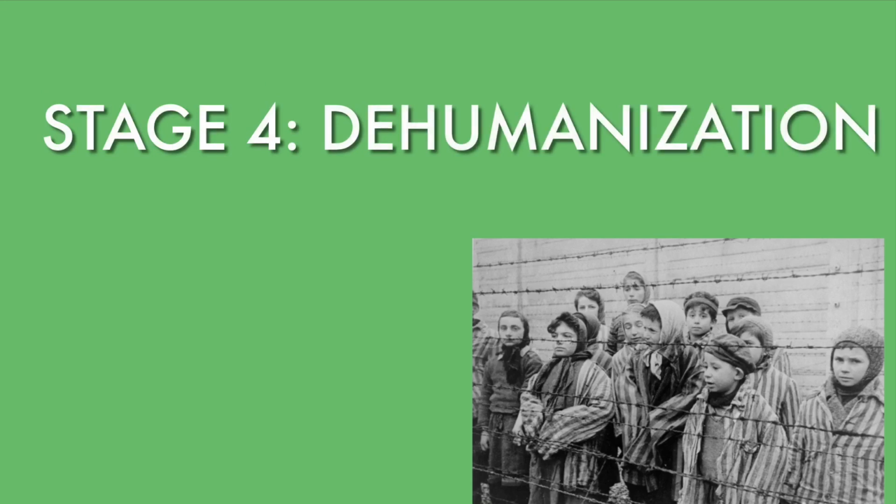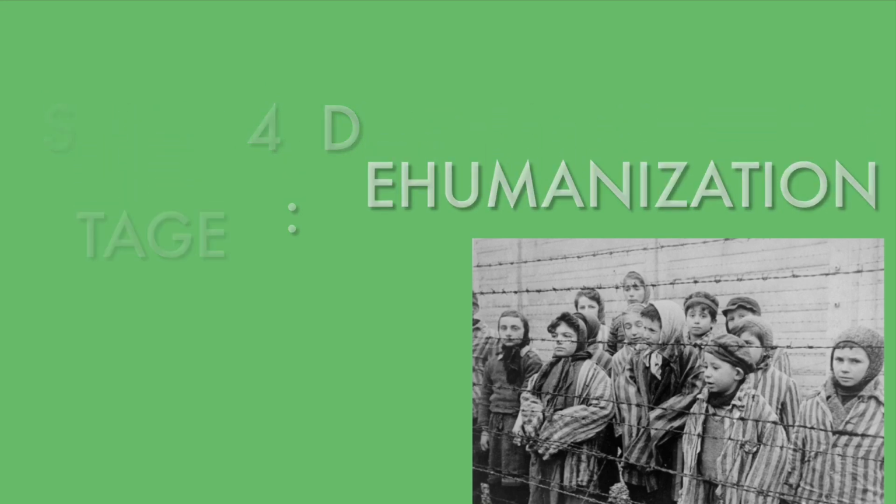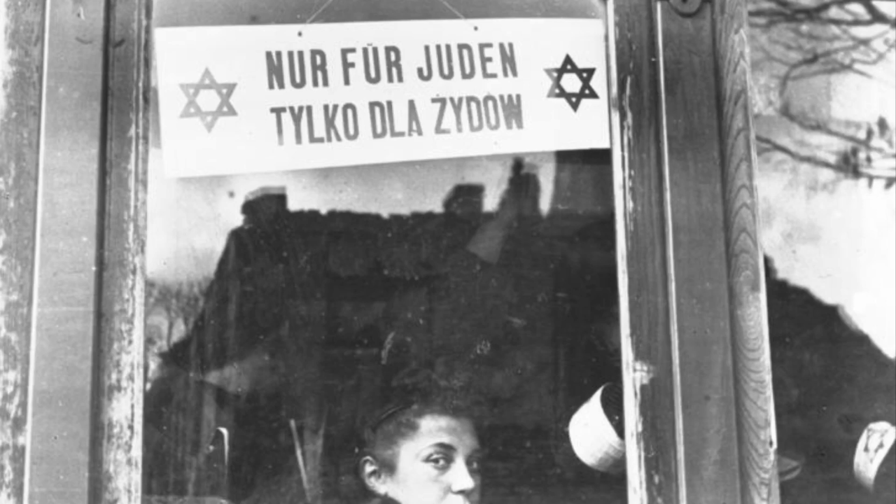The first 3 steps make possible the next step, dehumanization. Now that the people being targeted are seen as less valuable human beings, their status as human beings itself is taken away as well. The entire group is likened to a harmful organism or substance, such as insects, rodents, or parasites.